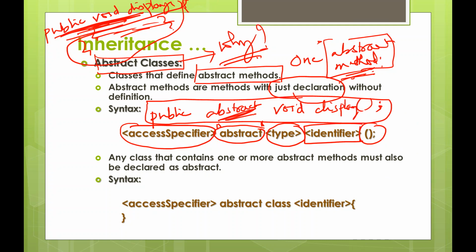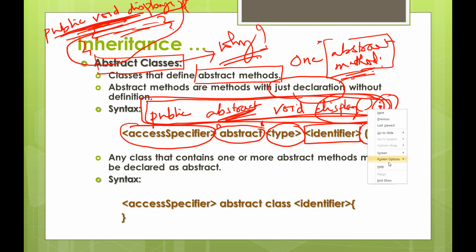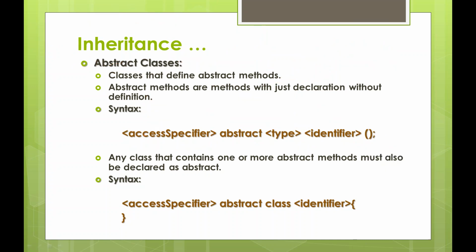So this is called a modifier, which modifies the definition of this particular method as abstract. It will not have the body, it will just have the declaration. This is called the declaration of your method. This is the syntax for defining your abstract method.